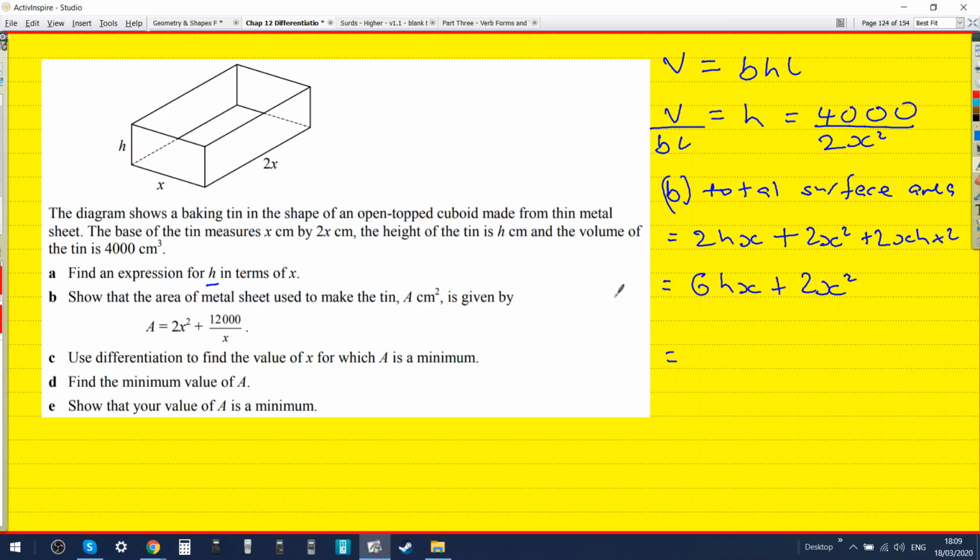So if you use h equals 4,000 over 2x squared, then we have 6h, so 4,000 times 6 equals 24,000. And so you sub 4,000 over 2x squared for h and then work everything out.